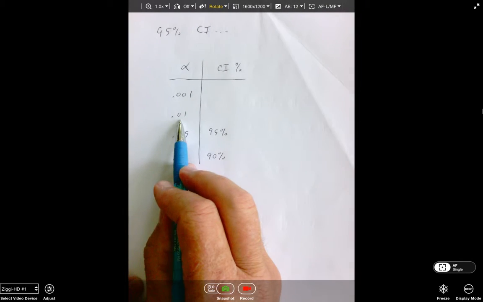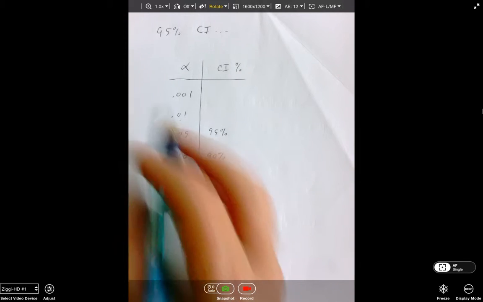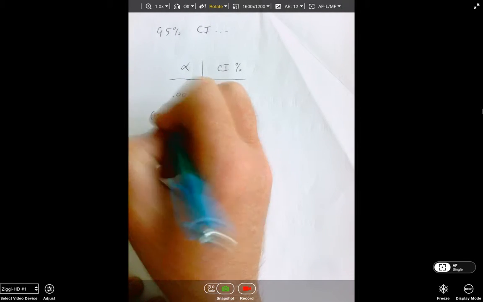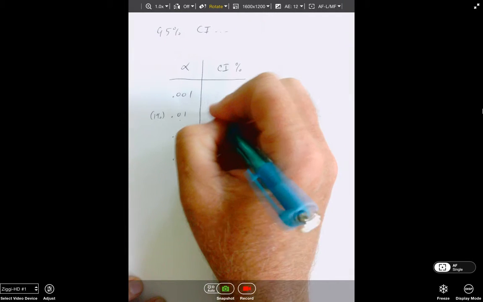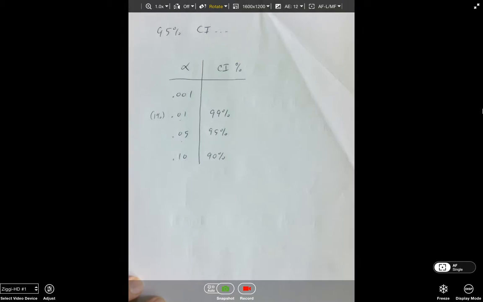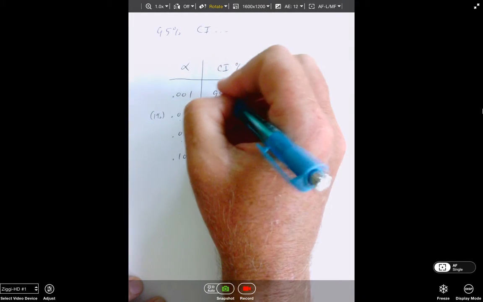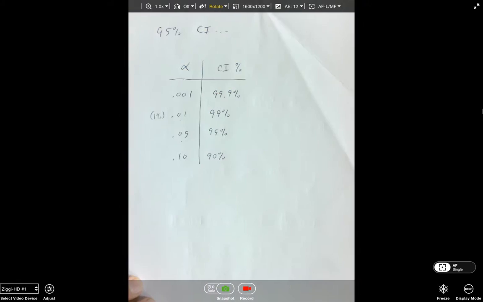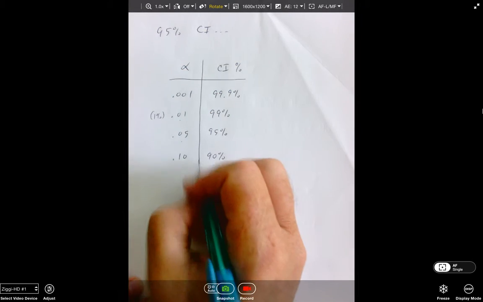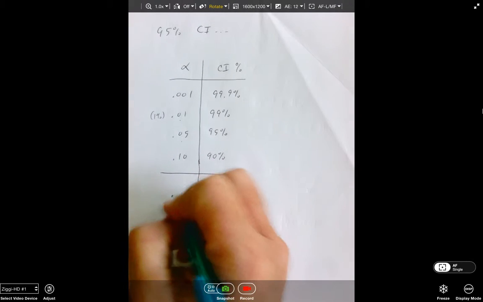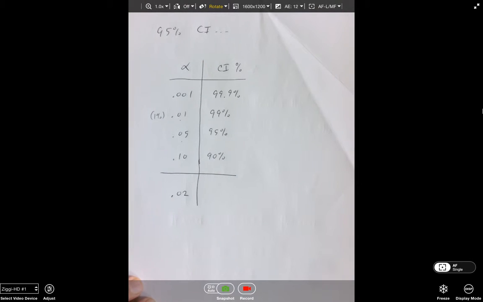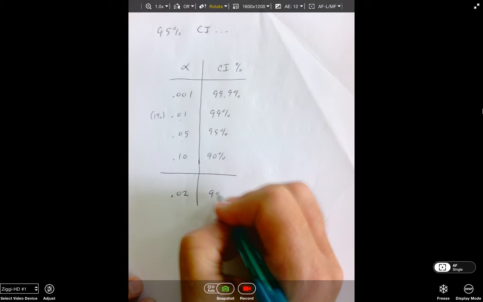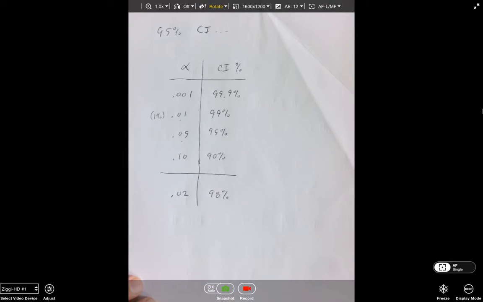Probably see what's happening, right? Change this to a percentage. Subtract it from 100. 99%. 99.9%. Sometimes you get into wacky alpha levels. It just means you use a wacky confidence interval level. Okay?